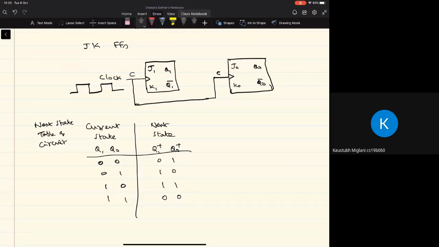Okay. Now we want the circuit to behave in this fashion, is what we are saying. Now, how will it change from, let's say, Q1 to Q1 plus and Q0 to Q0 plus, as given by this next state transition table, is what we are trying to understand, right?